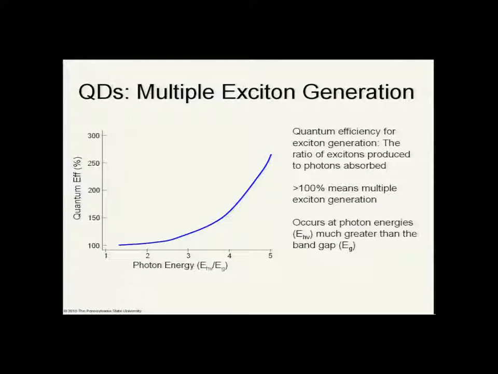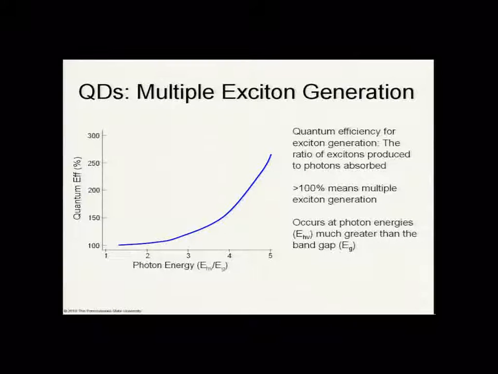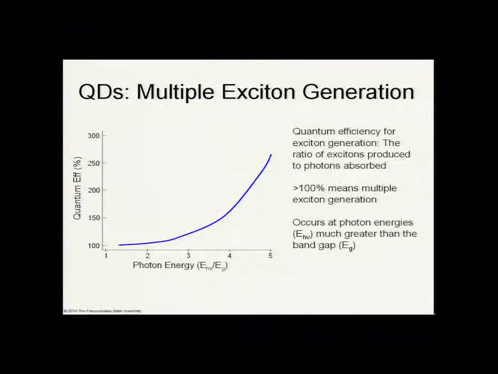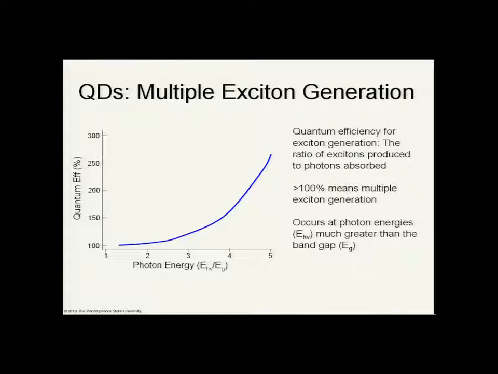Again, the quantum efficiency for exciton generation can be shown here. It's the ratio of excitons produced to photons absorbed. Very similar to the normal quantum efficiency. Greater than 100% means that there are multiple excitons generated for every incident photon.